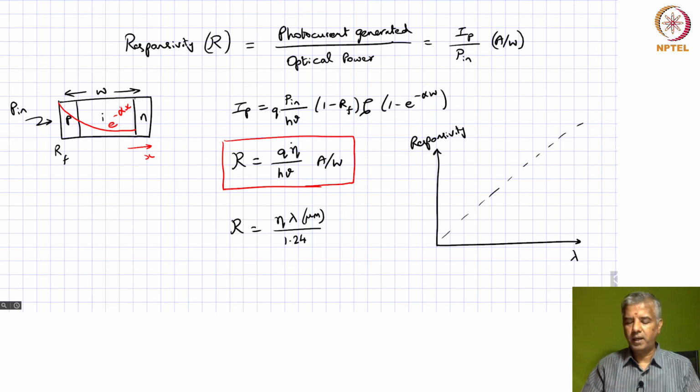So this eta, which is called the internal quantum efficiency, can be a value that's less than 1, but R can be greater than 1, okay.